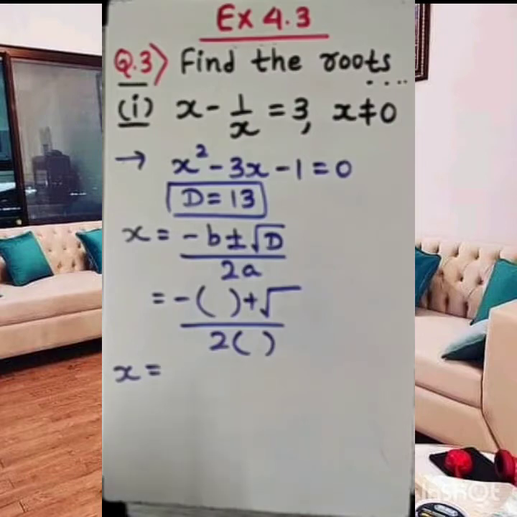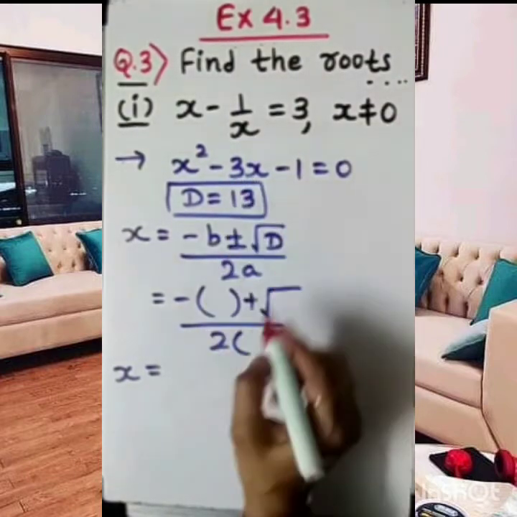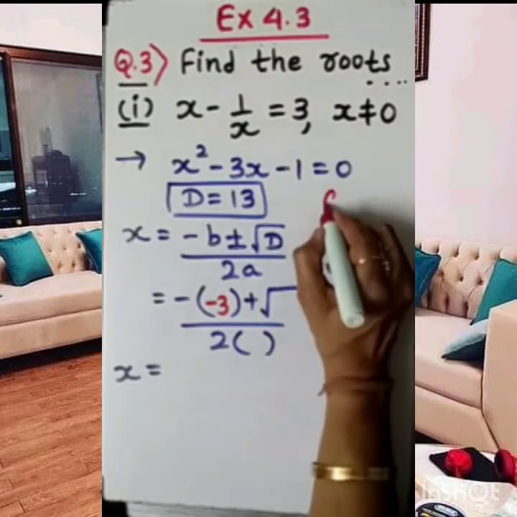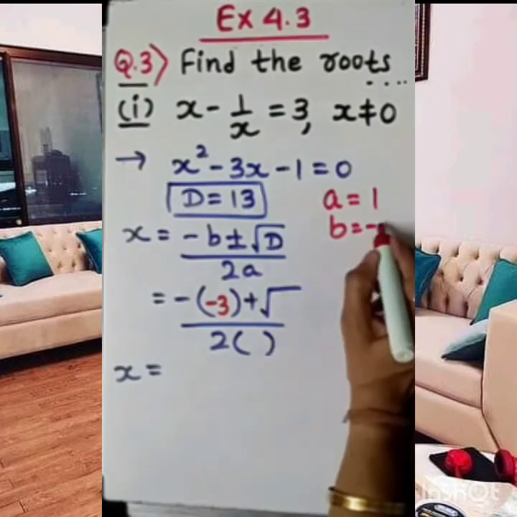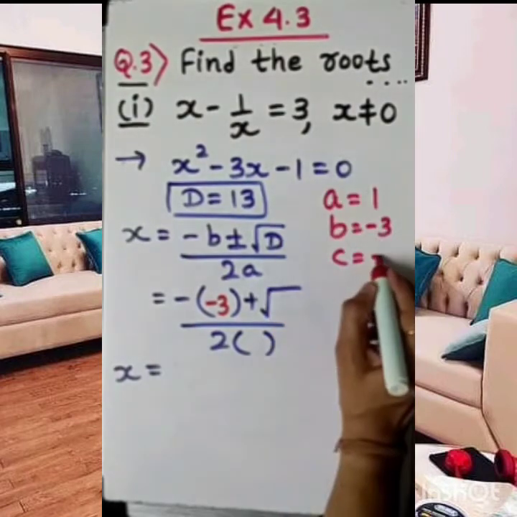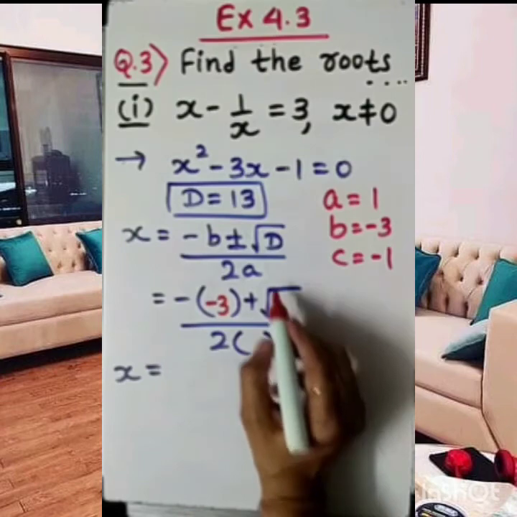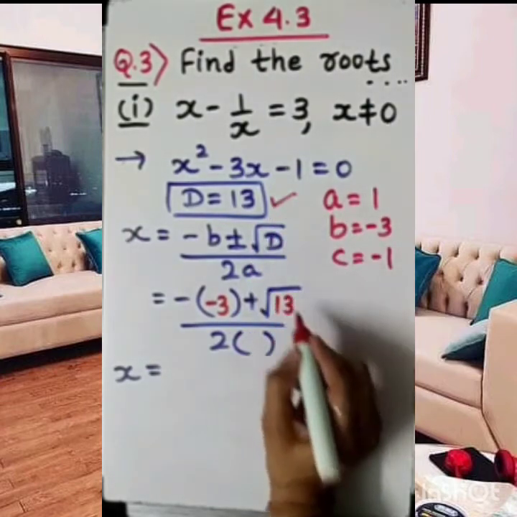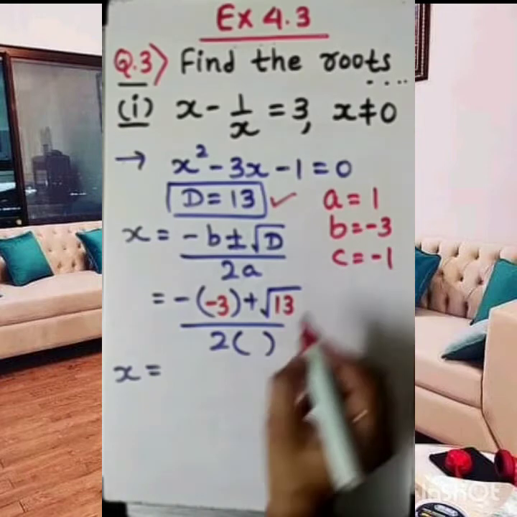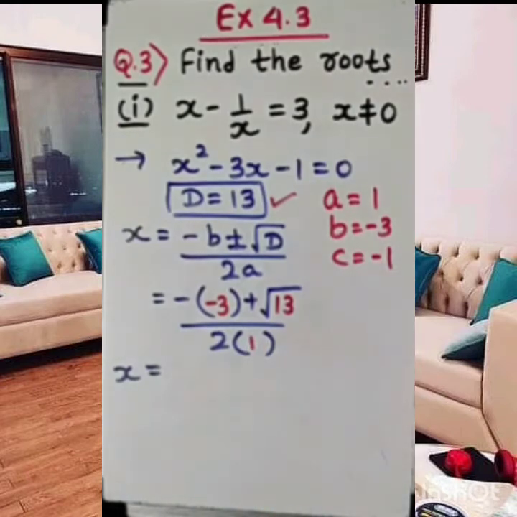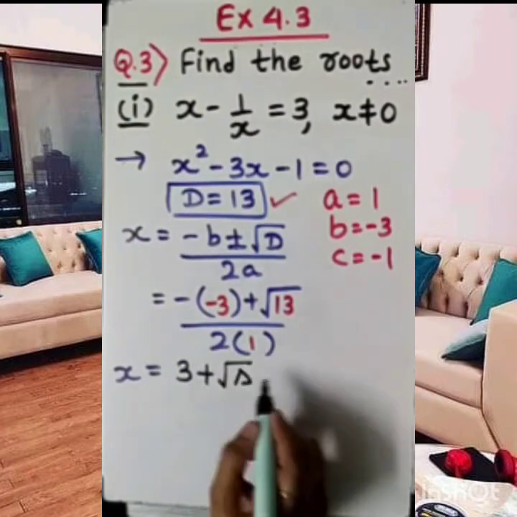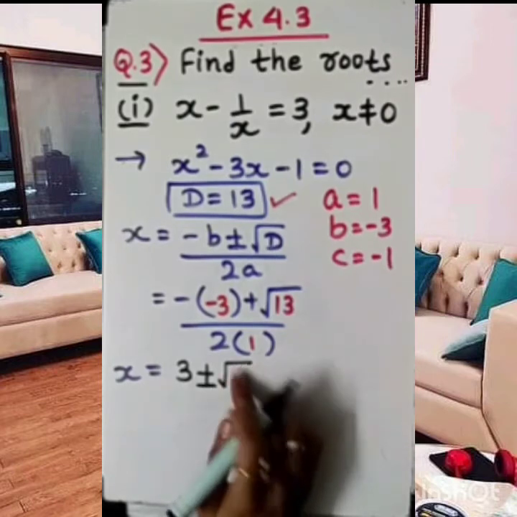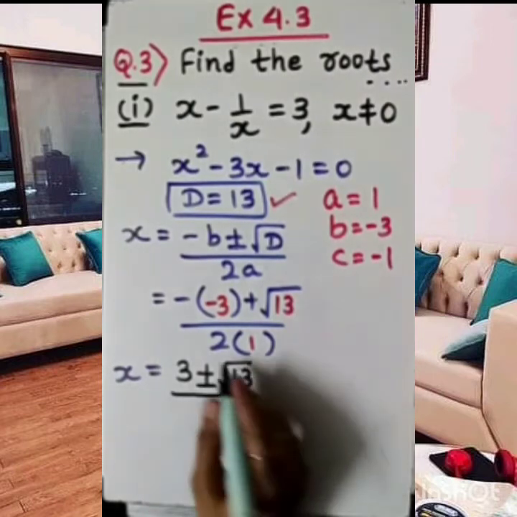According to what we already found, that is minus 3. Let me note it down here again: a equal to 1, b equal to minus 3, and the value of c is minus 1. So the value of d is already under root 13. The value of a is 1. Now let's go ahead. Minus minus plus. So the expression will become 3 plus or minus under root of 13, 2 ones are 2.